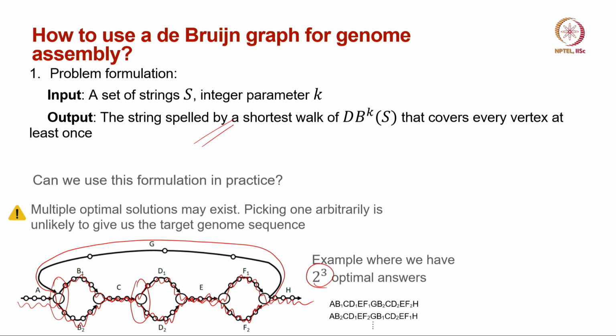And if we just pick arbitrarily one of the optimal answers, then you can imagine that there is no guarantee that the output sequence will correspond to the true genome sequence. So, this is one major limitation of this formulation, that if we just solve the problem optimally there is no guarantee that the output is going to correspond to the correct genome sequence.